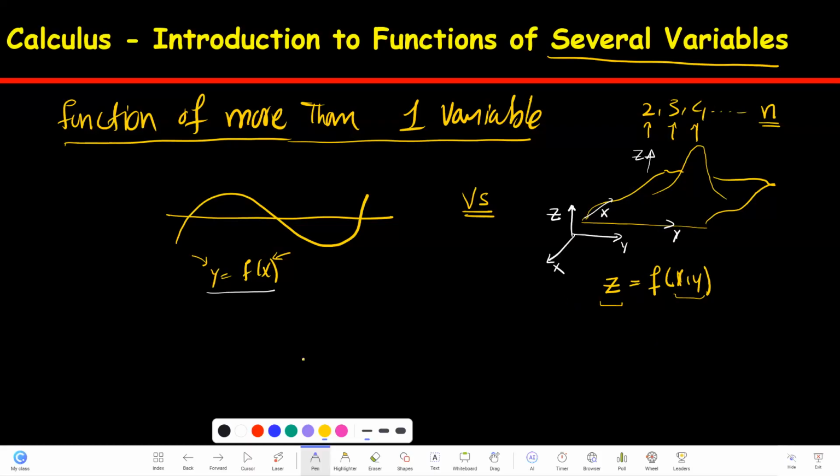Okay, and how are we going to write that? We plug in the values of x and y, and we obtain the value of z.